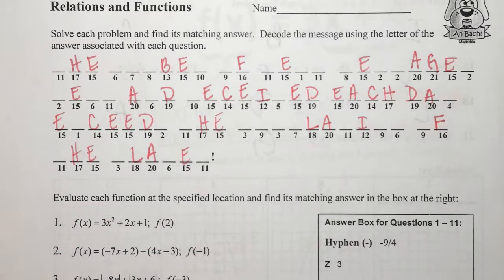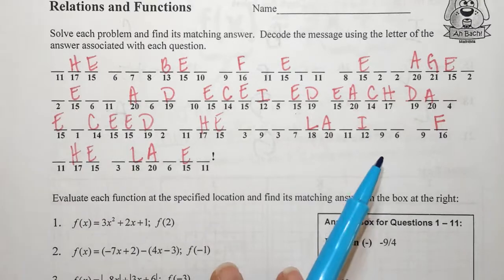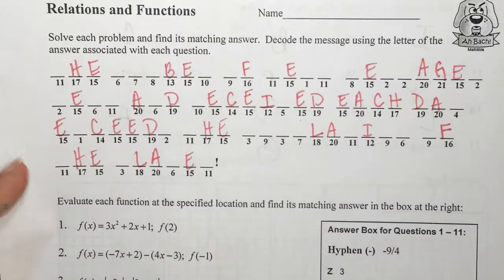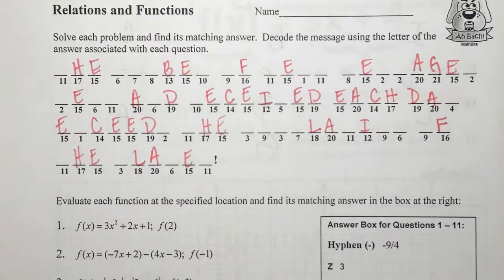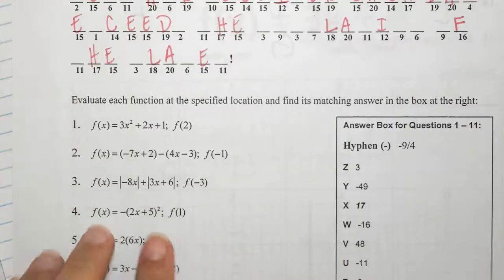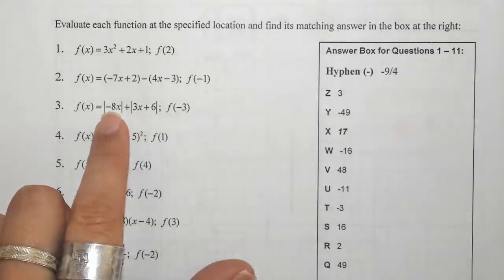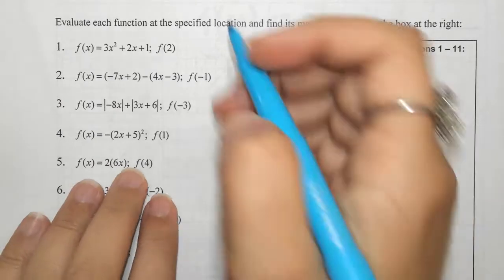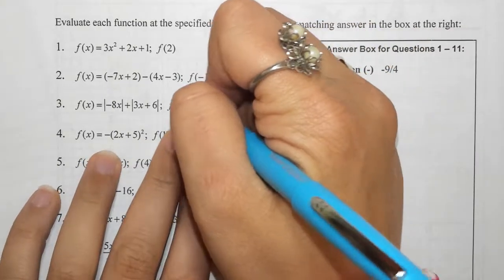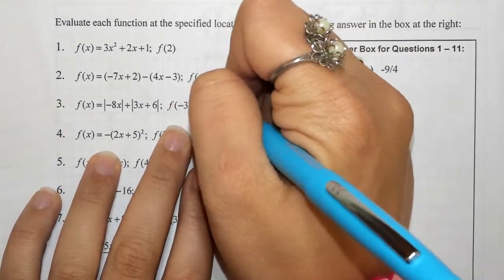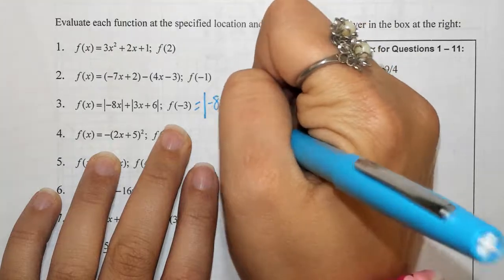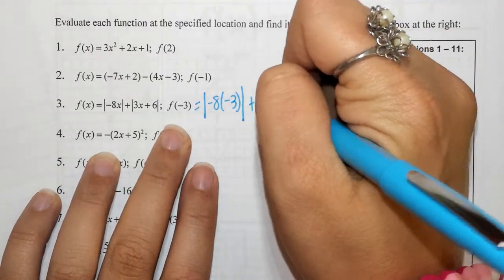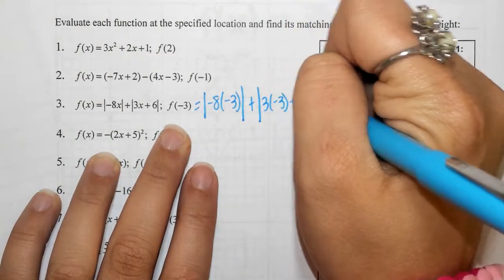Alright, so do you have any of these problems on 1 through 11 that you want me to work out for you before you leave me? 3? Okay, so what do the absolute value bars mean? That it's going to turn it positive, right? So you would say the absolute value of negative 8 times negative 3, plus the absolute value of 3 times negative 3 plus 6.